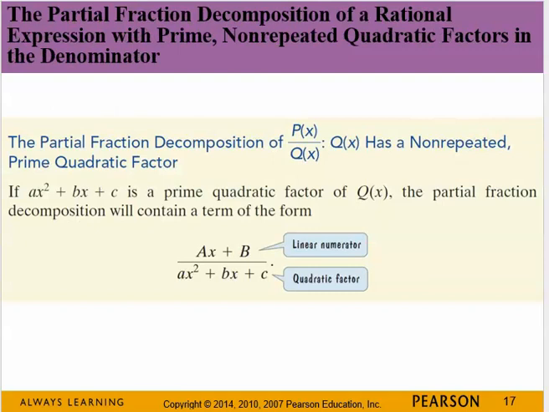Now, in our third example, we're looking at the partial fraction decomposition of a rational expression with prime, non-repeating quadratic factors in the denominator. Now, as we look at the setup for this, it's a little different here. It's ax plus b, which is the linear numerator, and then, of course, the quadratic factor in the denominator.